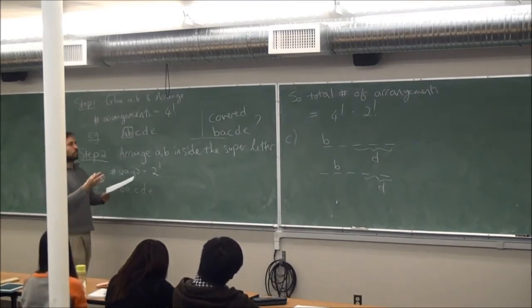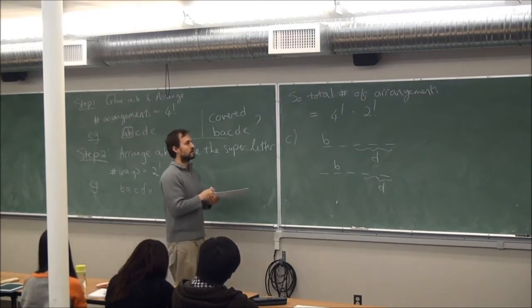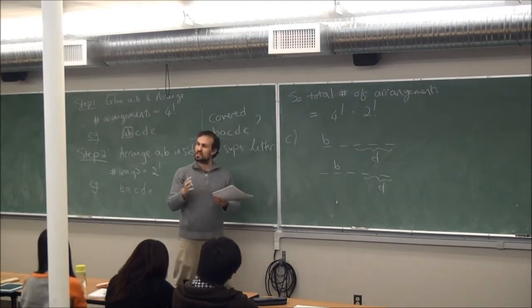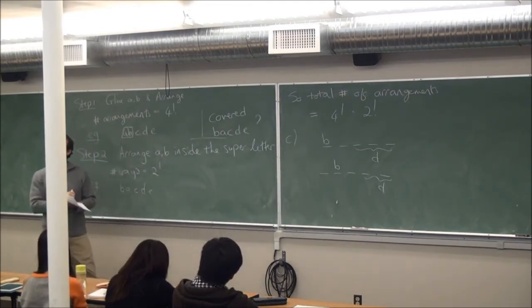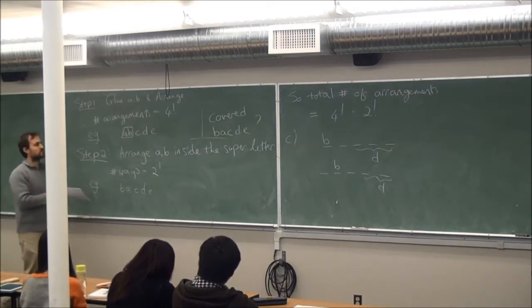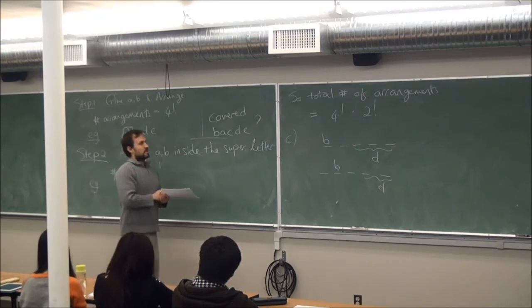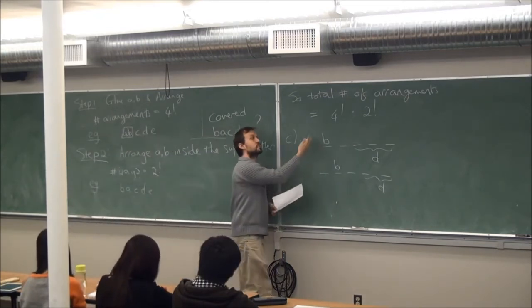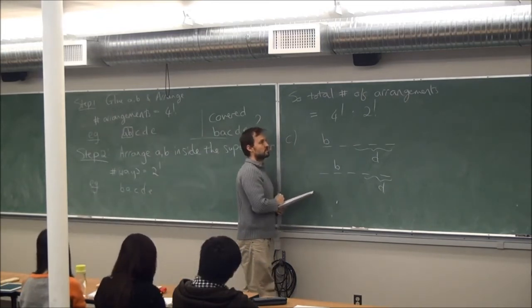Depending on where one letter is located, the number of choices for the other one changes. And whenever there's some dependency like that, it might be a slow process to count it directly.